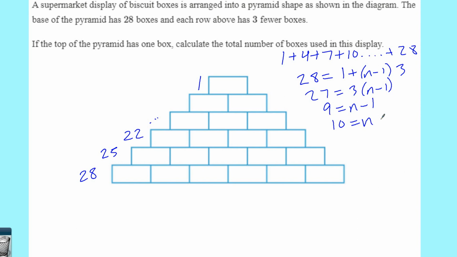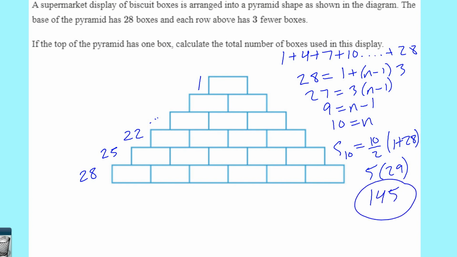Okay, so we need 10 rows of boxes to now figure out the sum of those first 10 rows. 10 over 2, and then 1 plus 28, first plus the last. Okay, so now it's just 5 times 29. So that is going to be 145. That's how many boxes you need.